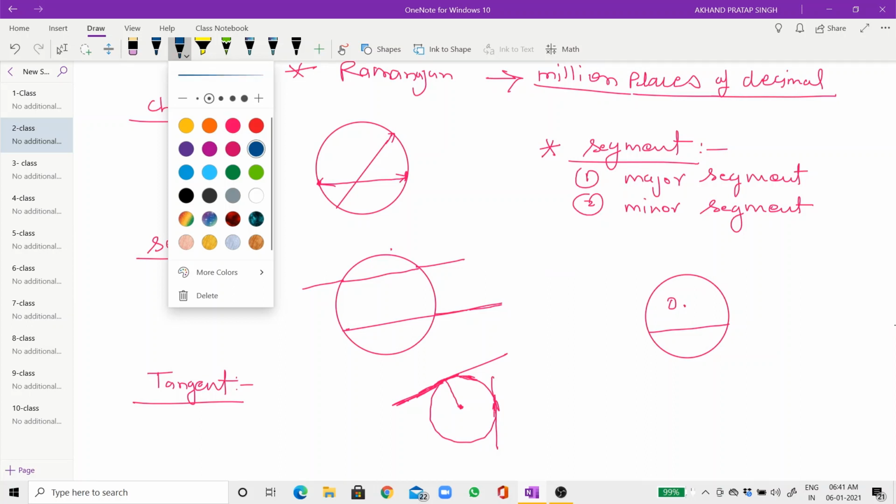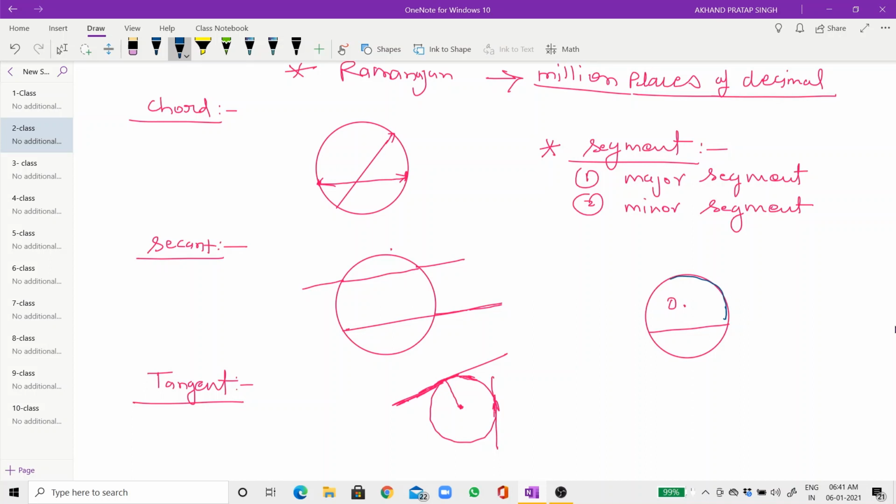From this portion, this portion is a major segment. Why is it called the major segment? When the center comes in this segment, that segment is called the major segment, and this is the minor segment.